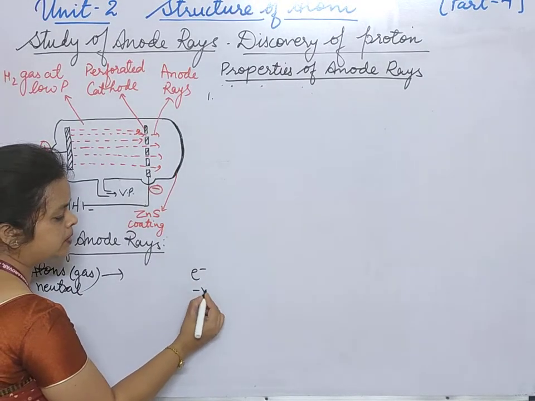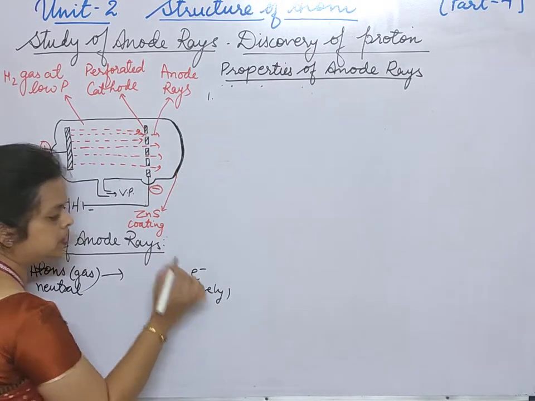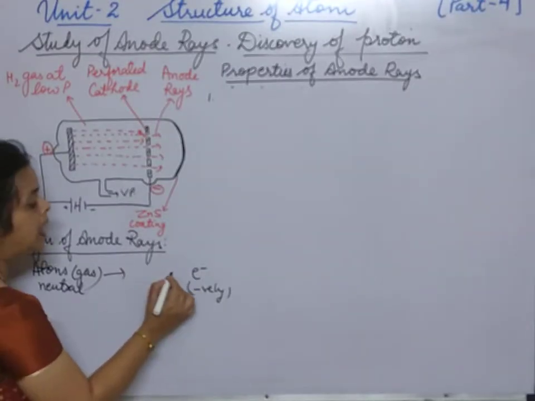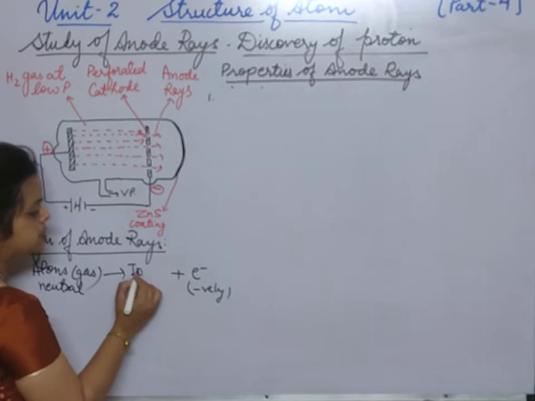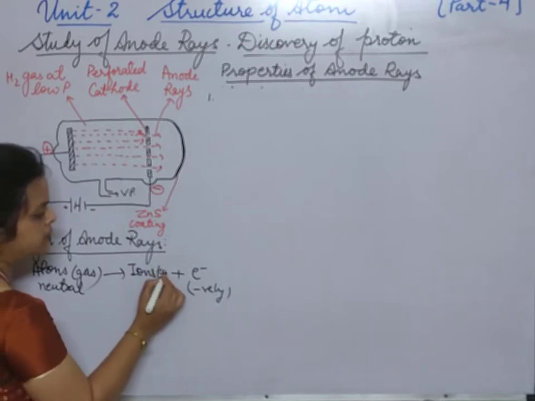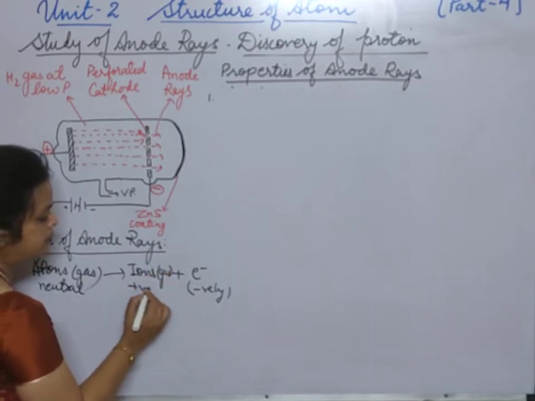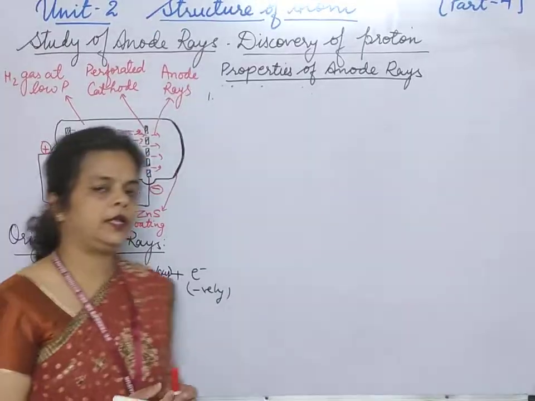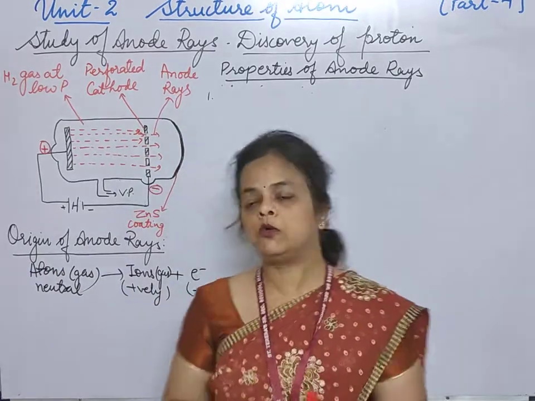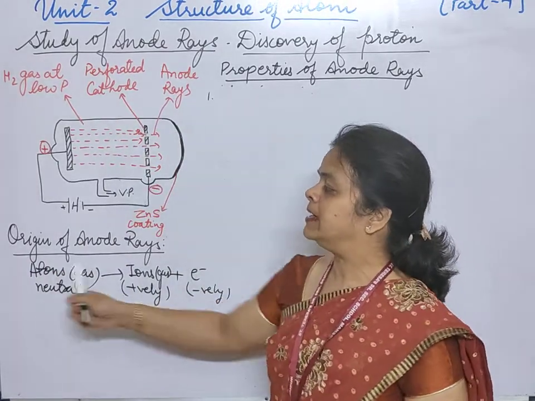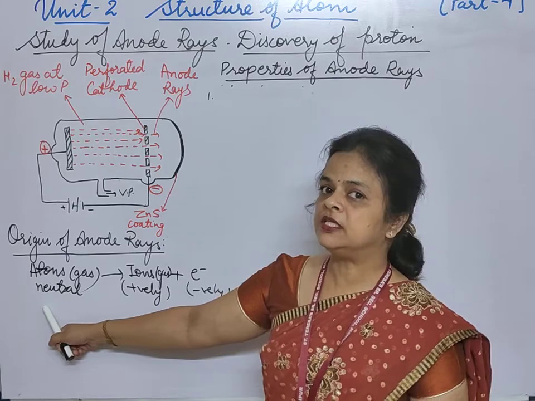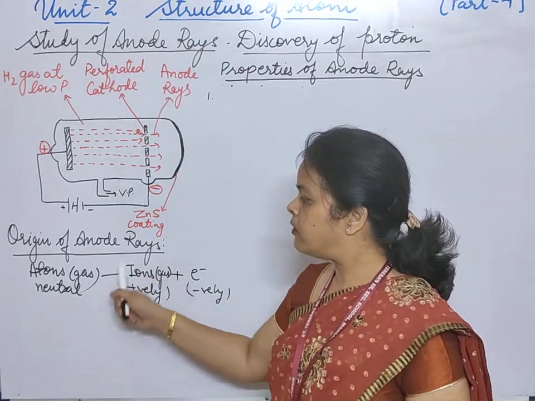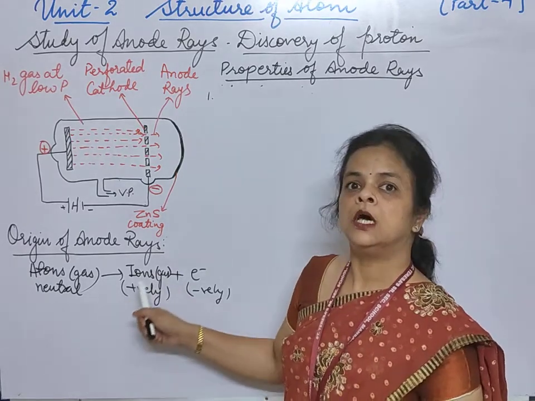What is the charge on the electron? It is negatively charged, so negatively charged particles come out, that is the electron. Along with this, ions were formed, and these ions were of the gas only, and they were positively charged. So in a nutshell, anode rays were formed by the knockout of electrons, by the bombardment of negatively charged particles on the gaseous atoms, and they form positively charged ions.